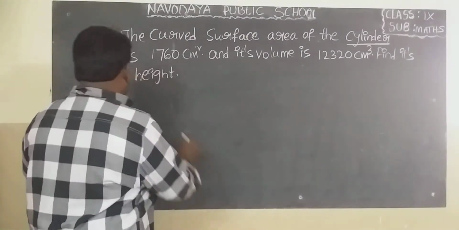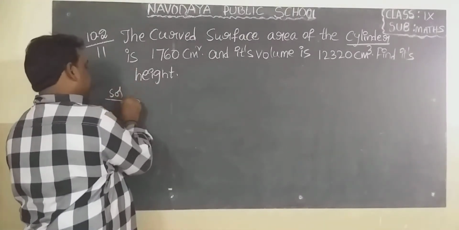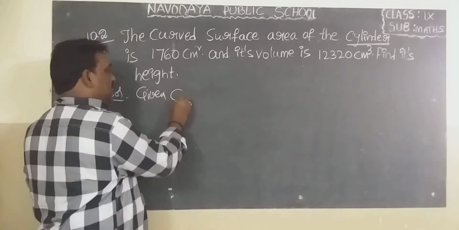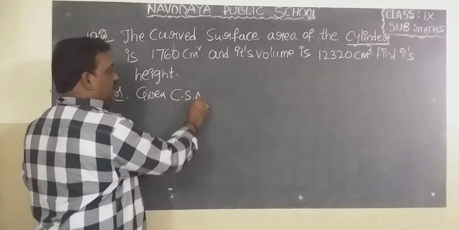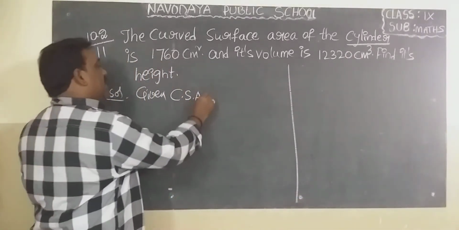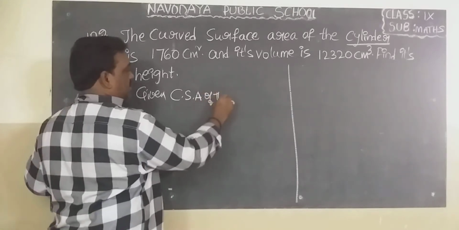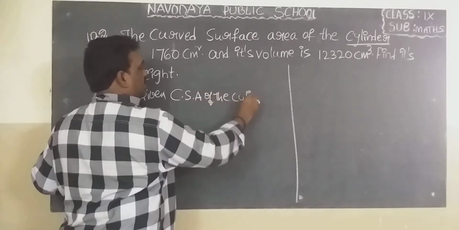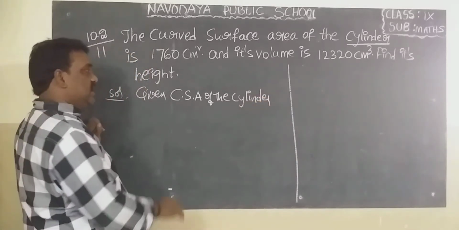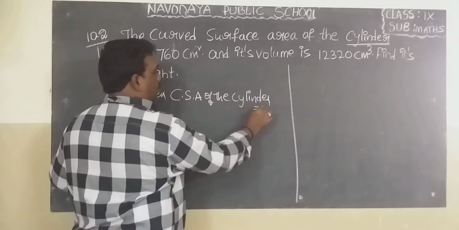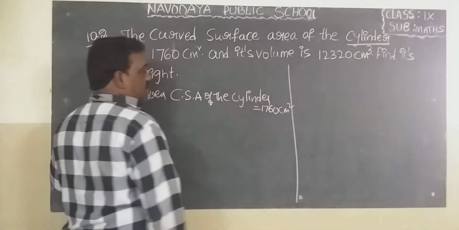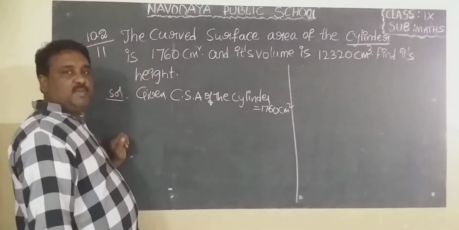Right? What is given first? Given CSA, curved surface area, of the cylinder equals 1760 centimeter square.